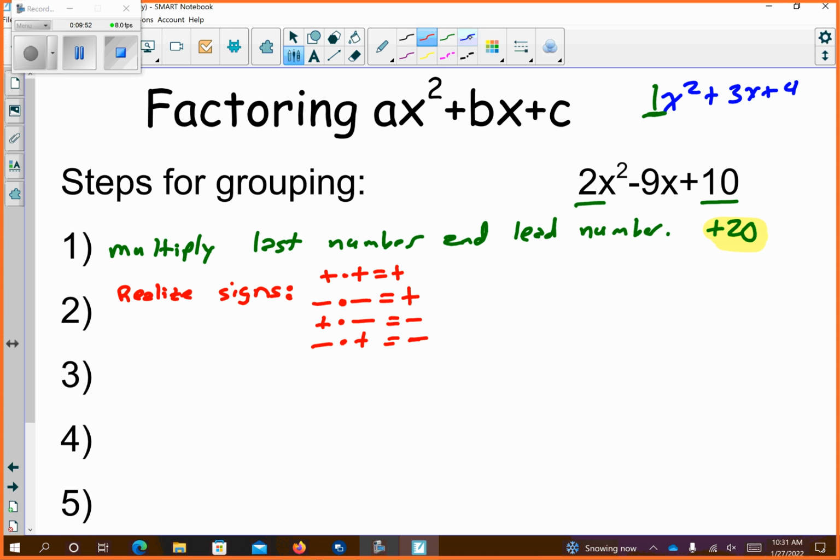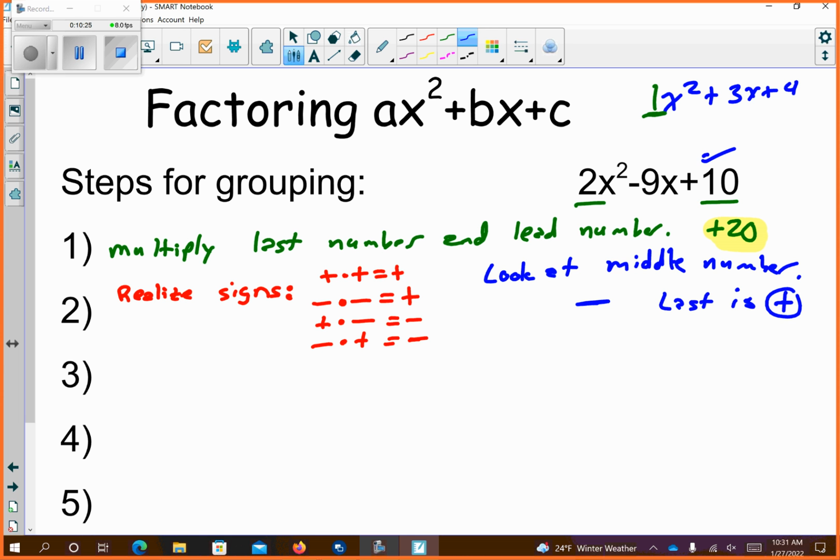All right, so now look at the middle number. Is it positive or negative? Is the very middle of that positive or negative? Negative. So our middle number is that. Our last number is positive. So you agree that that's positive, that's negative.